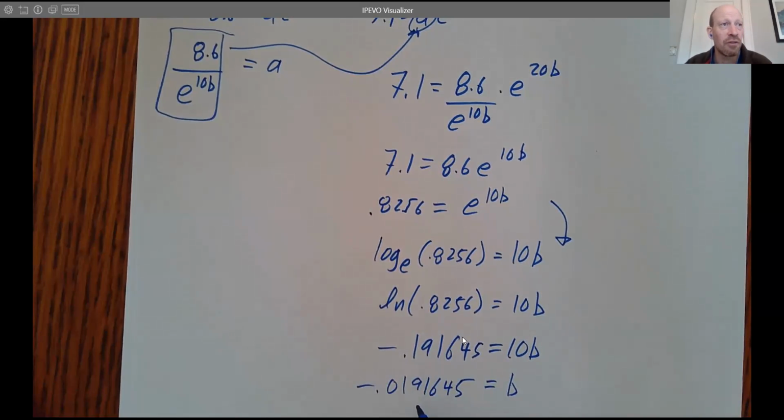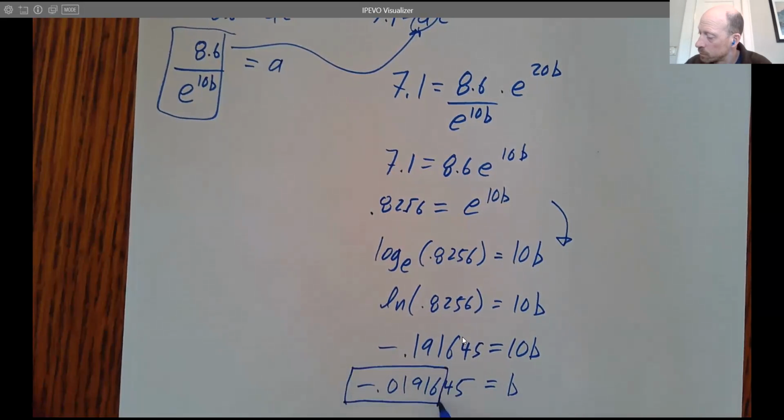So my B value needs to be rounded to 5 decimal places, which is right there. And that is my B. I am not surprised that B is negative because this is exponential decay. This country's population is decreasing, so the exponent on our model is going to be negative.